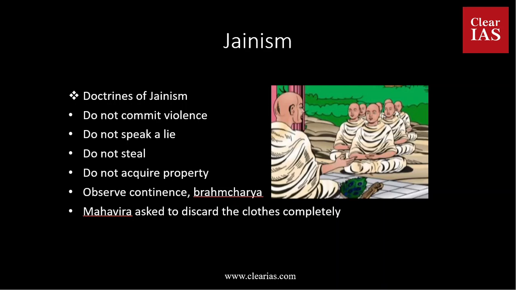So the doctrines of Jainism became a major pillar of its popularity, and the doctrines were: do not commit violence, do not speak a lie, do not steal, do not acquire property, observe continence, that is brahmacharya, and Mahavira asked to discard clothes completely.